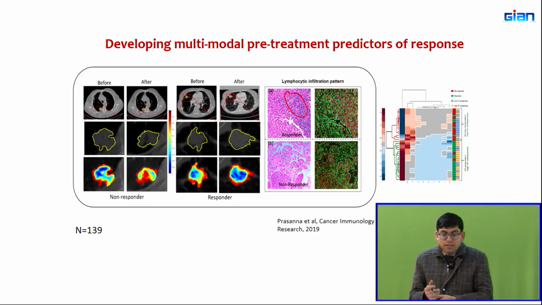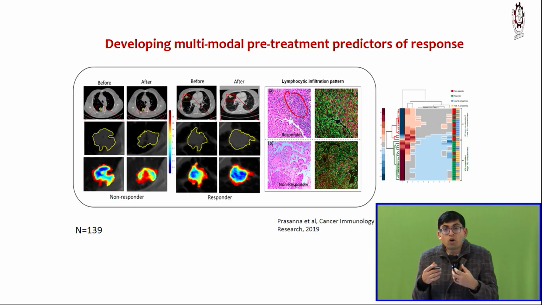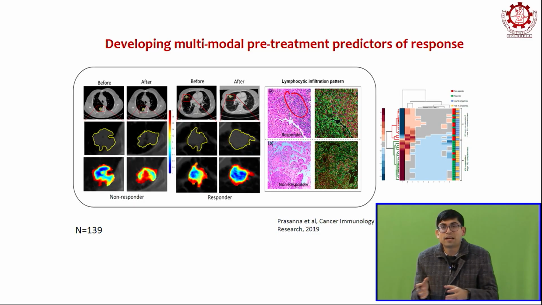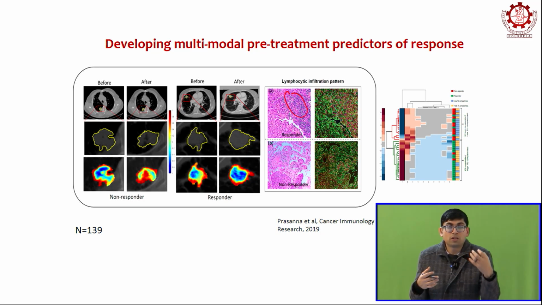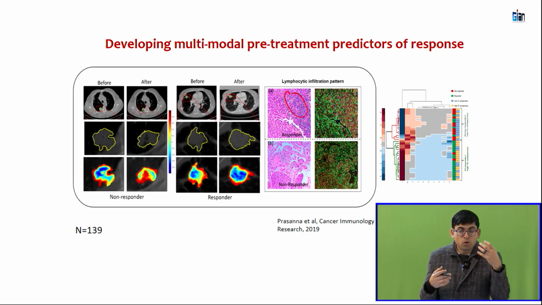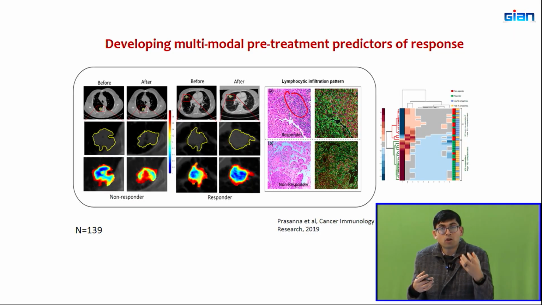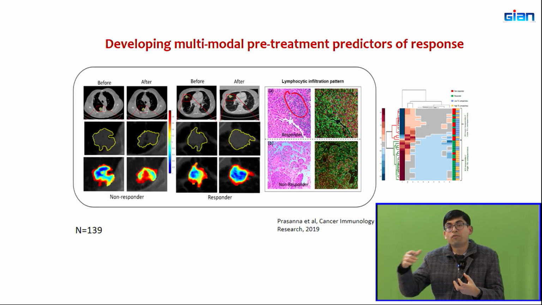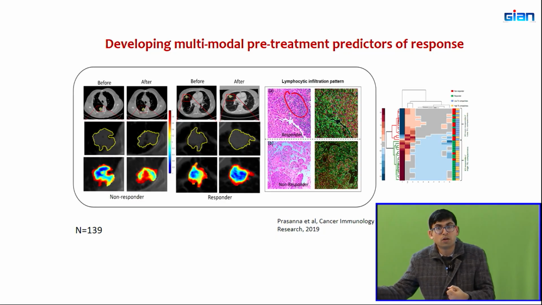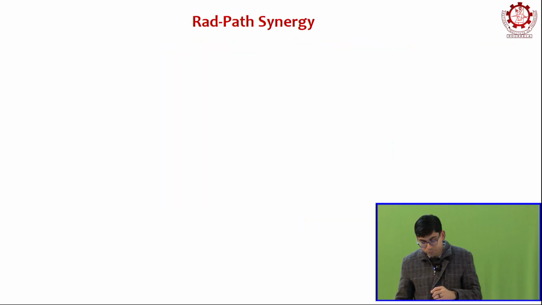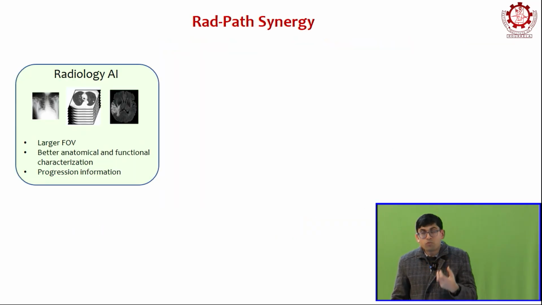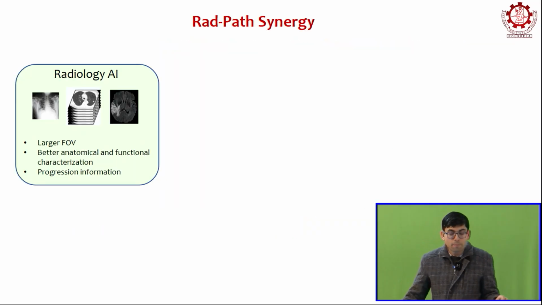The reason we did that is because we want to get to a rad path setting where we can tell the doctor that certain expression patterns of the primitives that you see at the pathologic length scale are reflected on the radiologic length scale. So it gives us a multimodal, rad path setting. That's what we want to eventually get to, a rad path synergy.